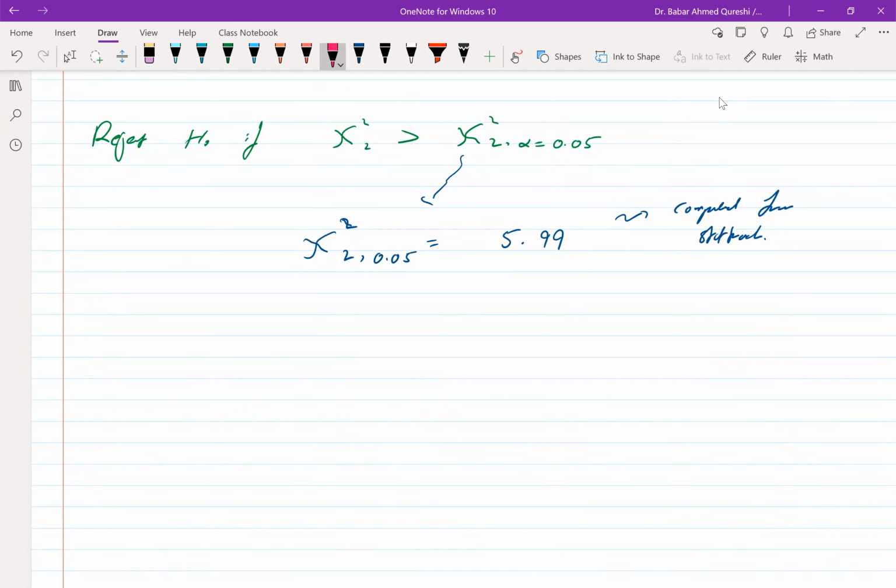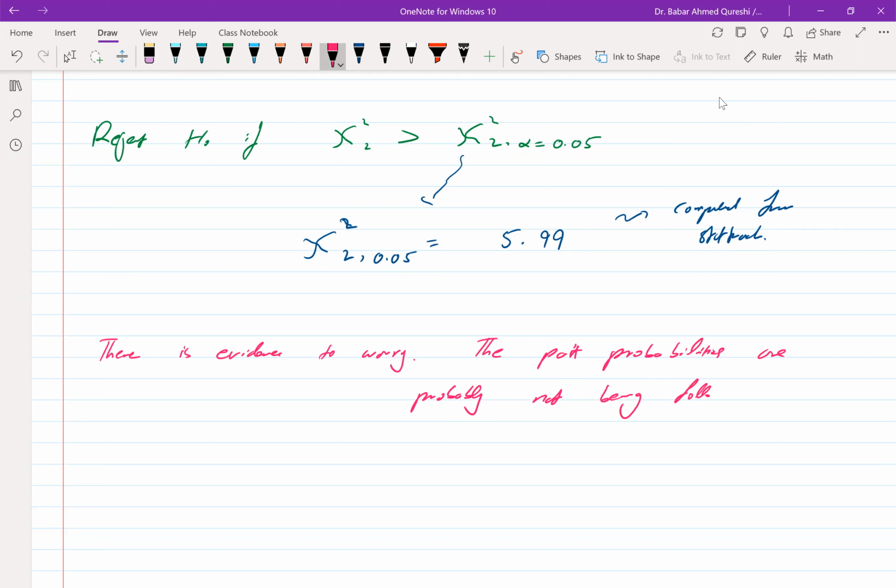So that means there is evidence to worry. The past probabilities are probably not being followed in this week's data at alpha equal to 0.05 significance.